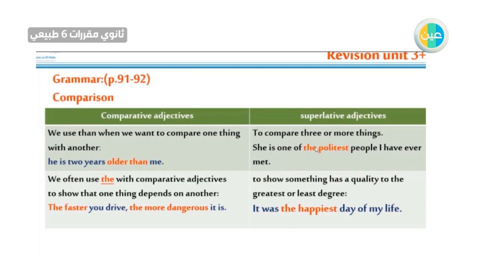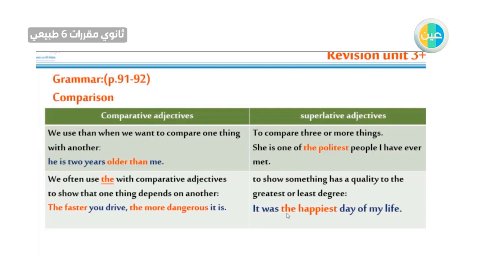You have to add the, then the adjective with est. Okay? No than here. The before the adjective, then add est, the politest. To show something has a quality to the greatest or least degree.